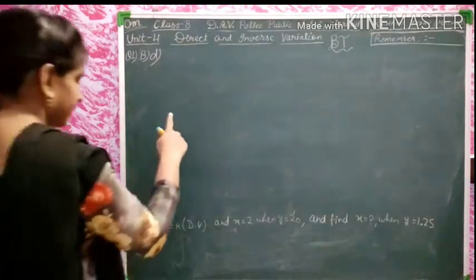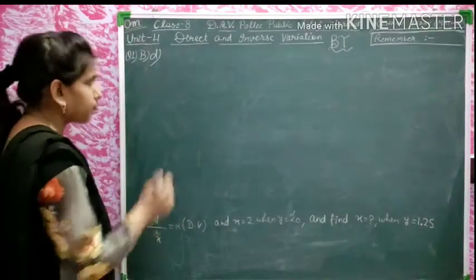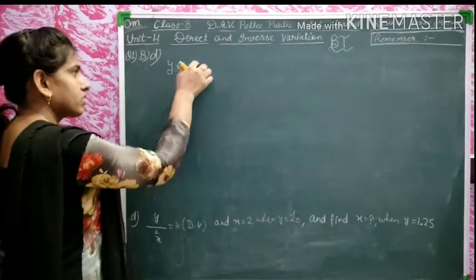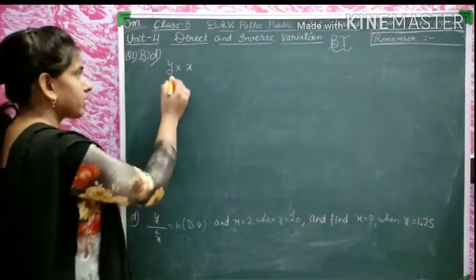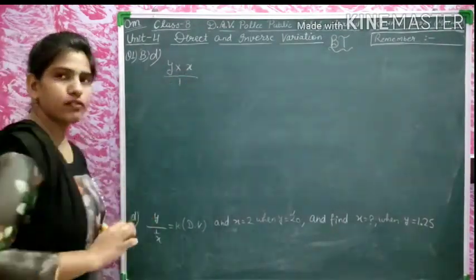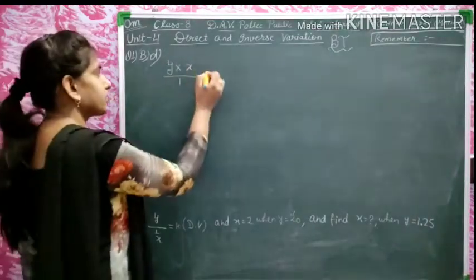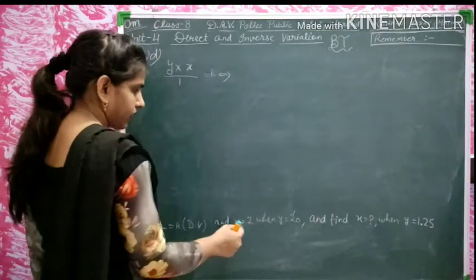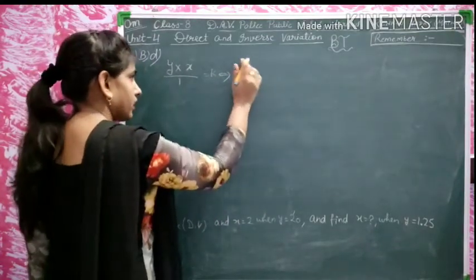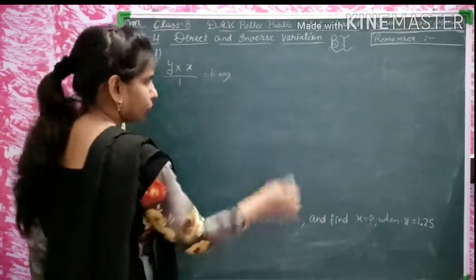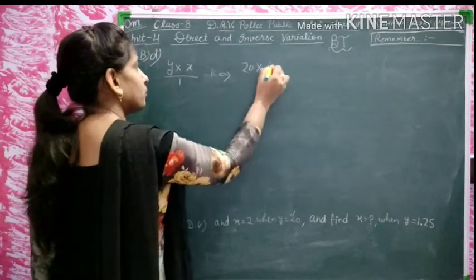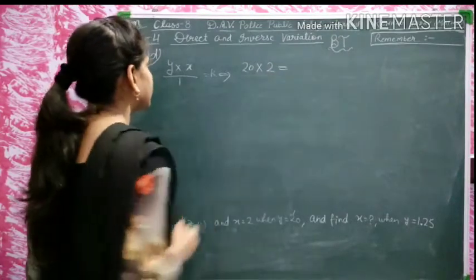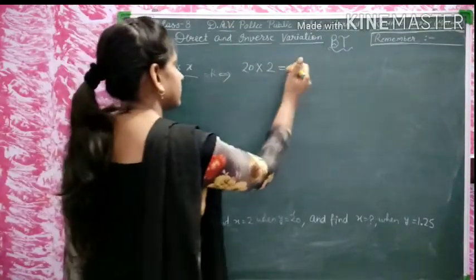Now students, let's see, there is y upon 1 by x. It means y into this becomes the numerator and x by 1 becomes the denominator. This is equal to the constant, and we are given x is 2 and y is 20. 20 into 2 divided by 1, which doesn't matter to write, is equal to k.